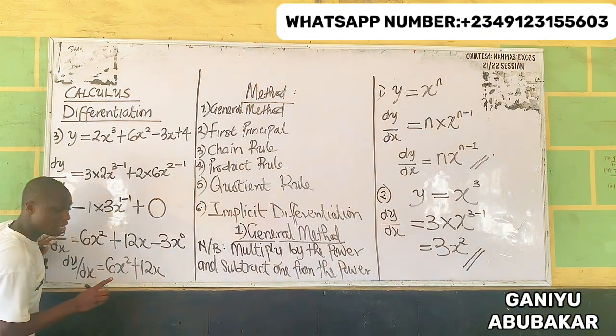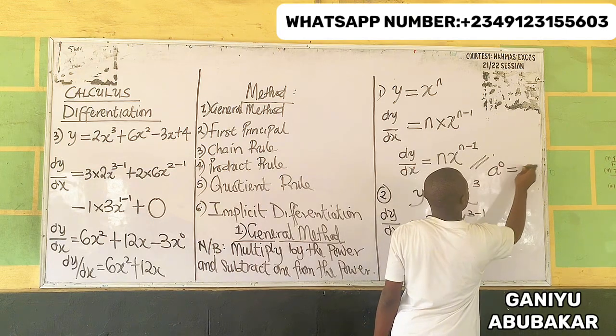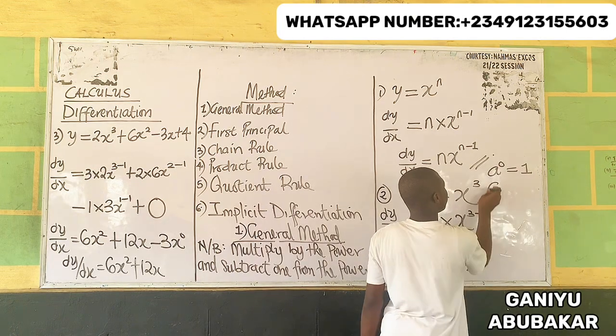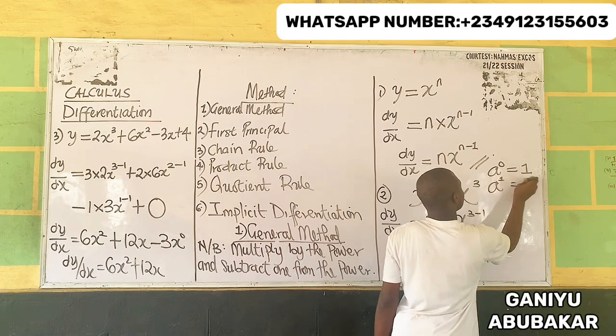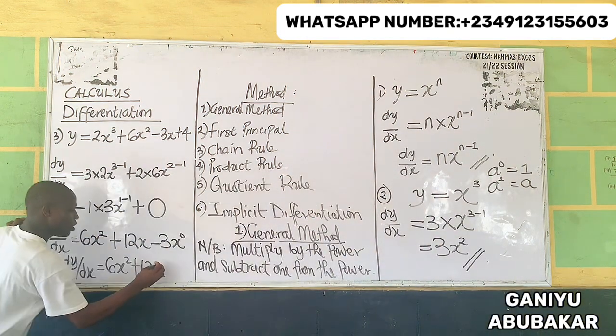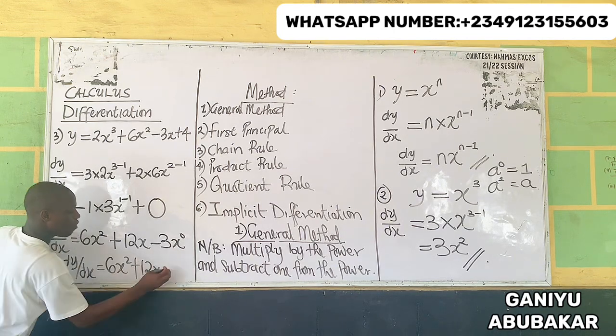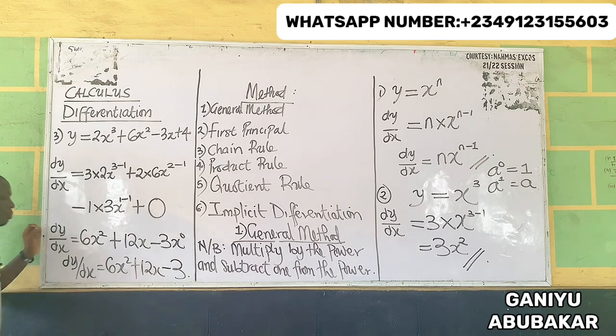Is 1. Please bear in mind that any value to the power 0 is what? Is 1. But any value to the power 1 is what? Is that value, please. So here I have 3 times this is 1, right? That becomes what? I'll have minus what? 3 as my answer. So this becomes my answer after differentiating this question, please.